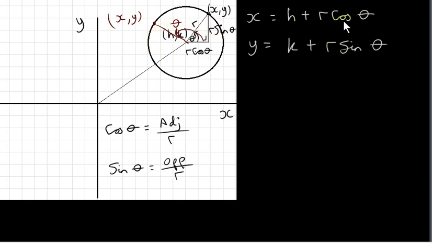Well, the cos of an obtuse angle is negative. So the x value of this point will be h, which is the horizontal distance to the center of the circle from the origin. But we will have to subtract off this distance. The fact that cos theta is negative will take care of that. So you can take my word for it that these relations hold for any value of theta.